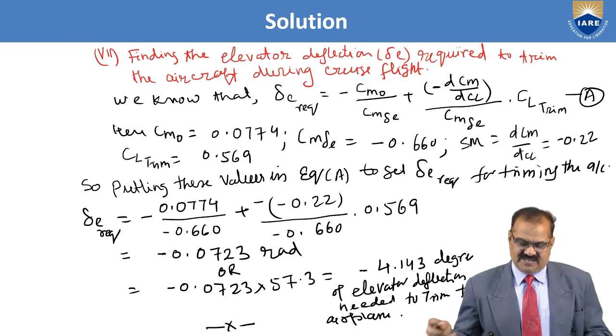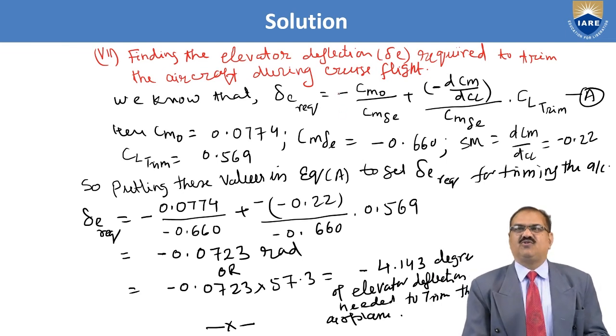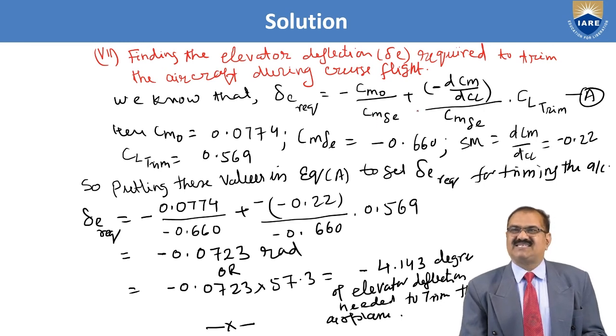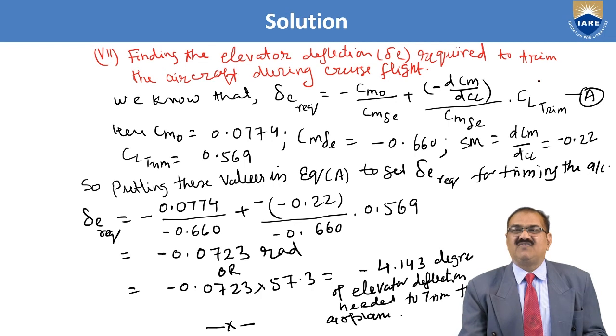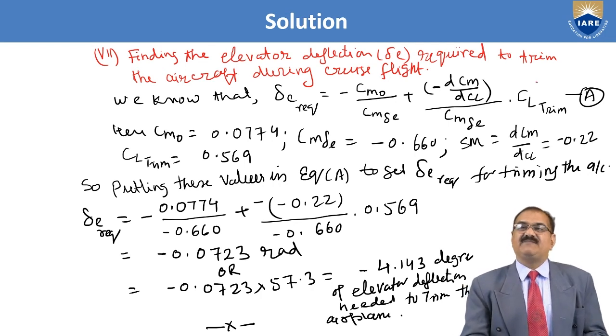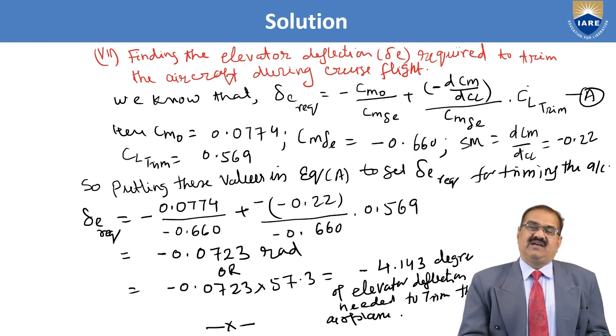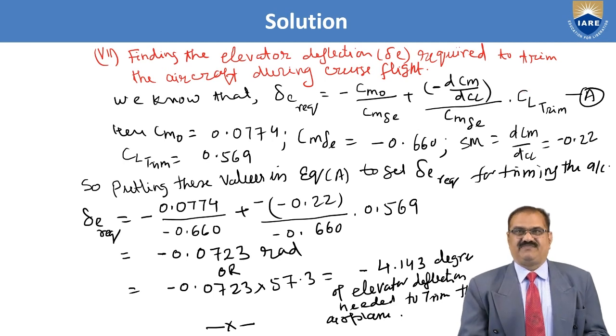We know that delta E required is equal to minus Cm naught by Cm delta E plus minus dCm by dCL divided by Cm delta E, into CL trim. This is the equation we use to find how much elevator deflection is required.